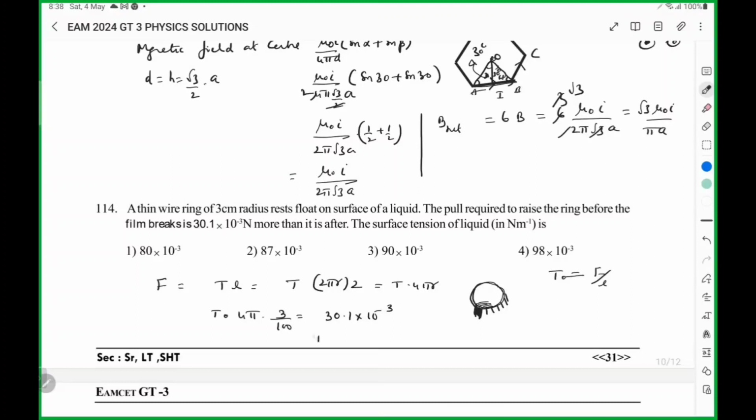Here T is equal to 30 into 10 power minus 1 by 4 pi into 3. So here it is 1 by 12 roughly. So it is 80 into 10 power minus 3. The first option is suitable.